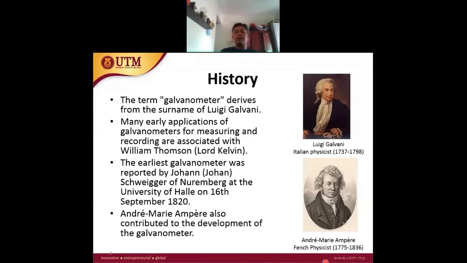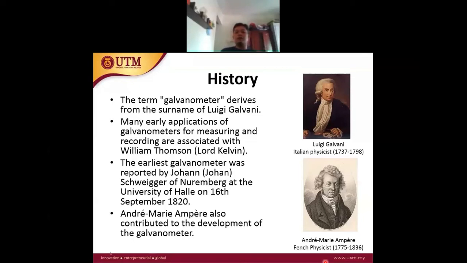So Andre-Marie Ampère also contributed to the development of the galvanometer. He is the person whose name was coined as the unit of electric current.